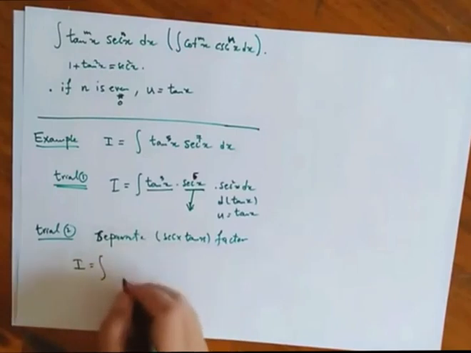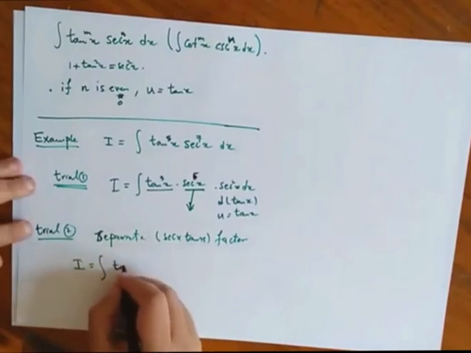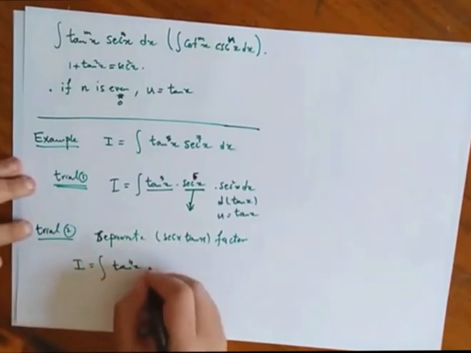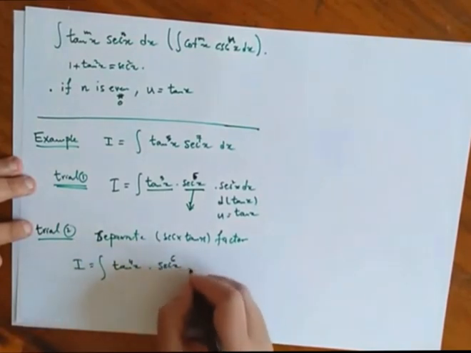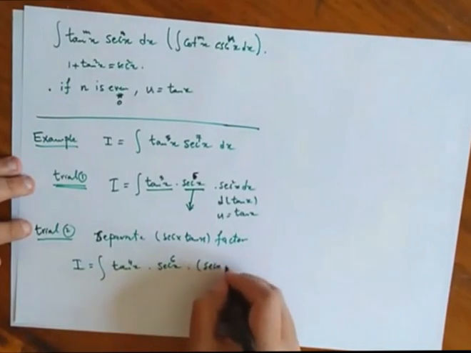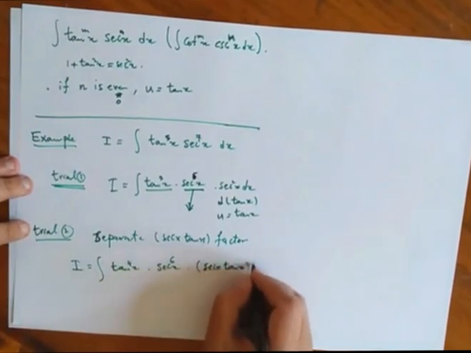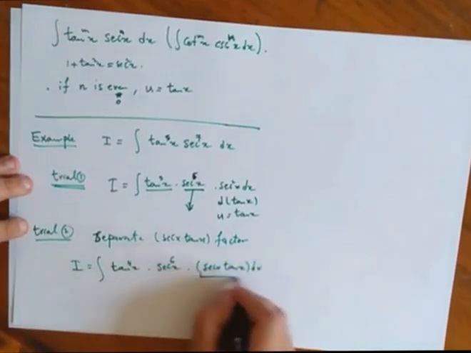It's going to be tan to the power 4 times sec to the power 6 times sec x tan x with respect to x. And again, this is the total differentiation of sec.